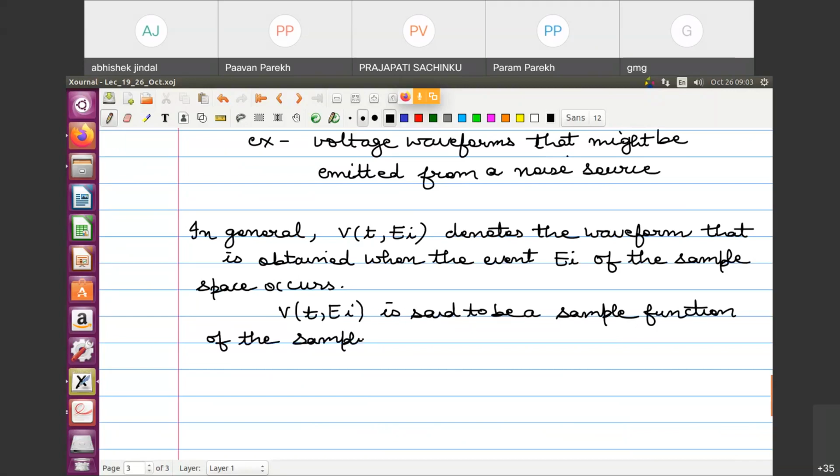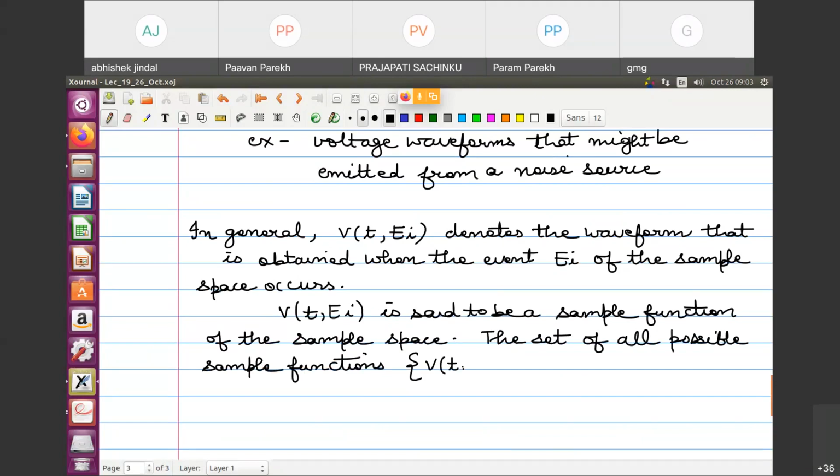The set of all possible sample functions, which we denote like this, is called the ensemble.